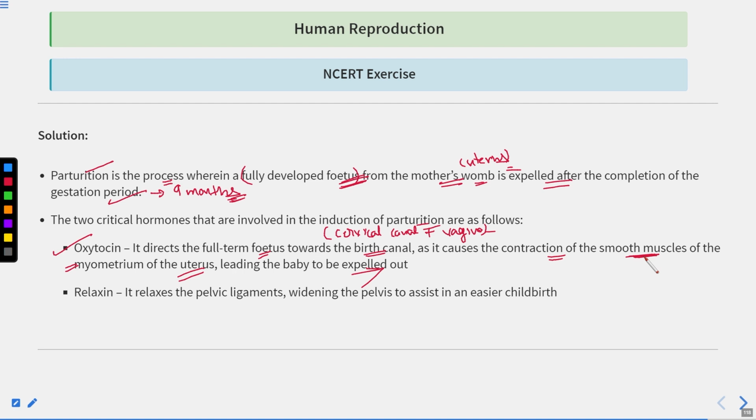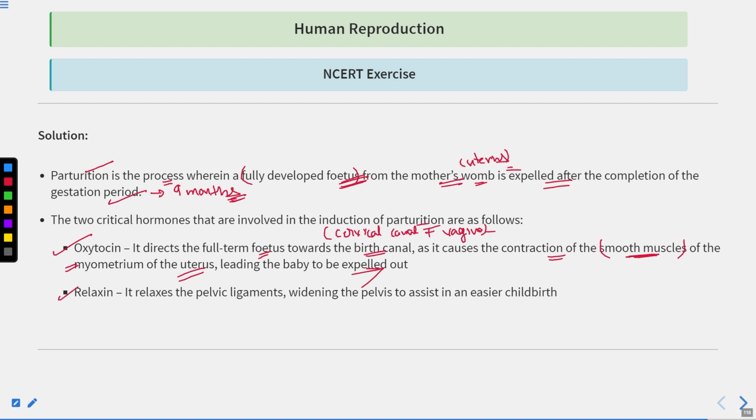Because smooth muscle cells are involuntary, meaning they are not under our control. And these smooth muscles can undergo contraction. Because of this contraction, the developed fetus is moved towards the birth canal and expelled out through the birth canal. All right, this is clear.